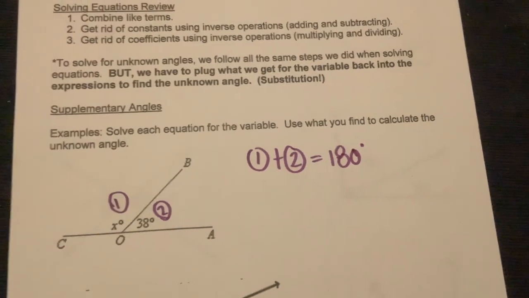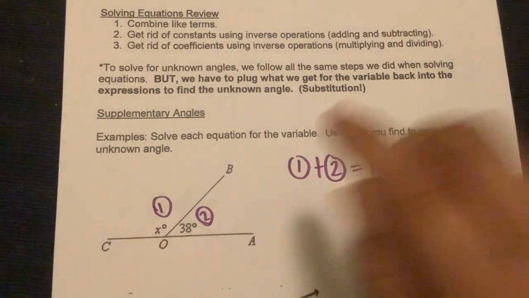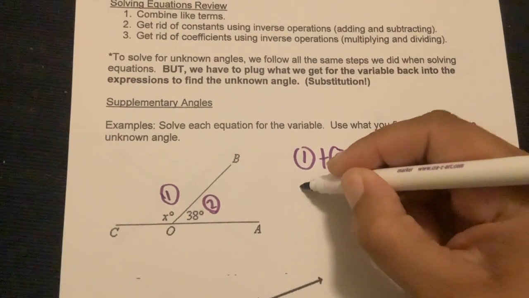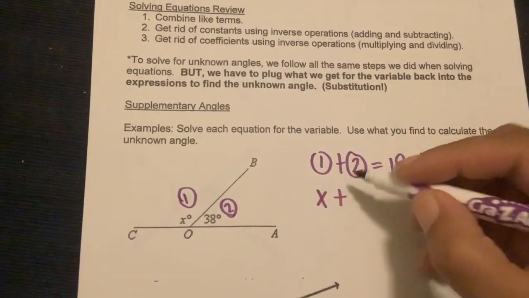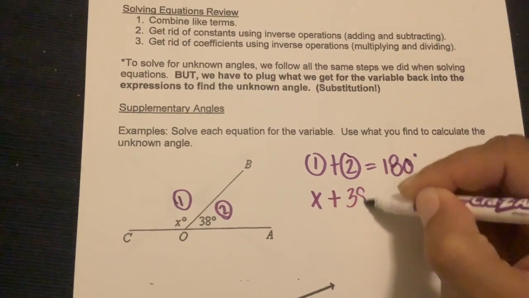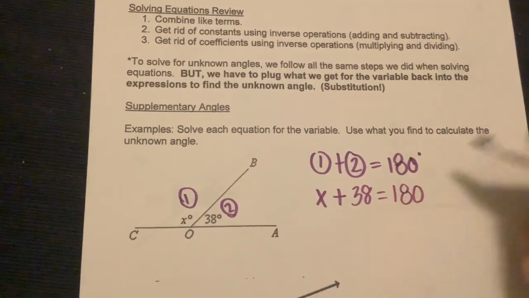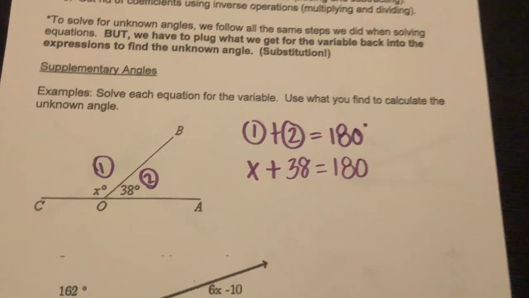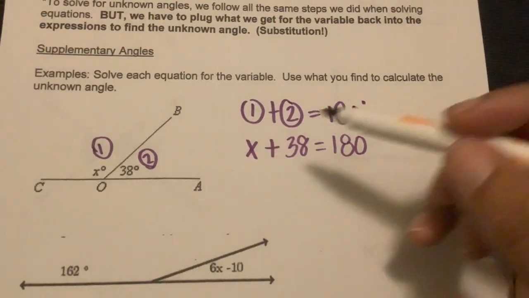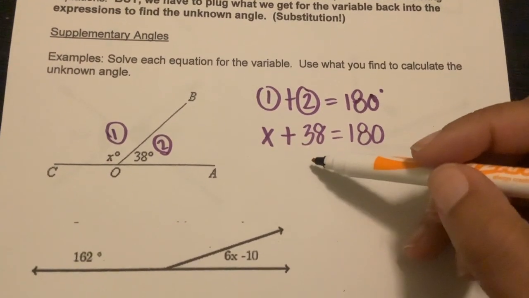So I'm just going to replace these numbers with what each of the parts are. So piece number 1 was x, plus piece number 2 was 38. To solve this problem, it's literally a one-step equation. So we're going to do the opposite of adding 38 because there's nothing to combine.